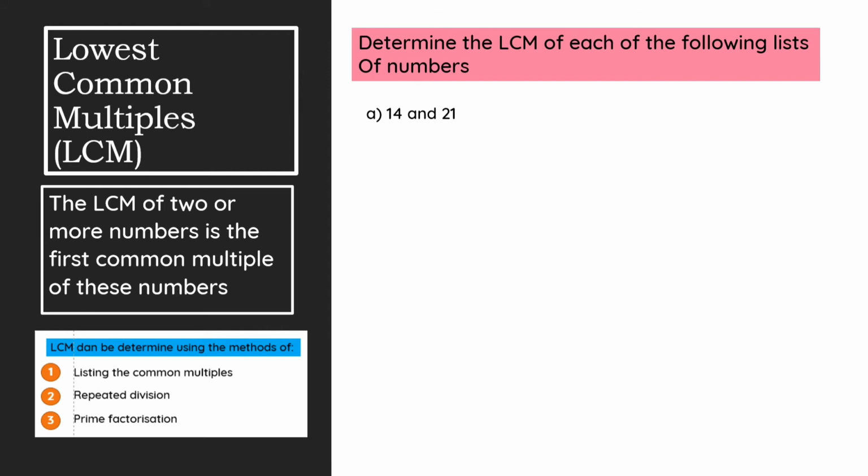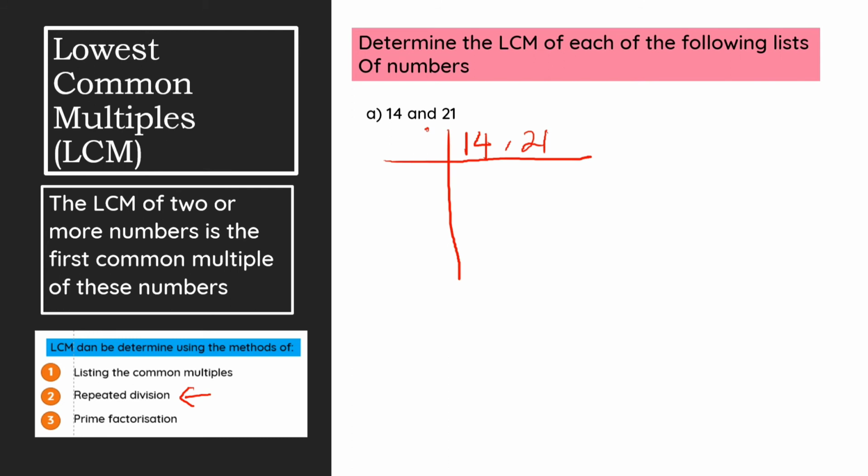A, 14 and 21. How can we determine the LCM of 14 and 21? We can use the second method, which is repeated division. We draw this horizontal line and write the numbers 14, 21.